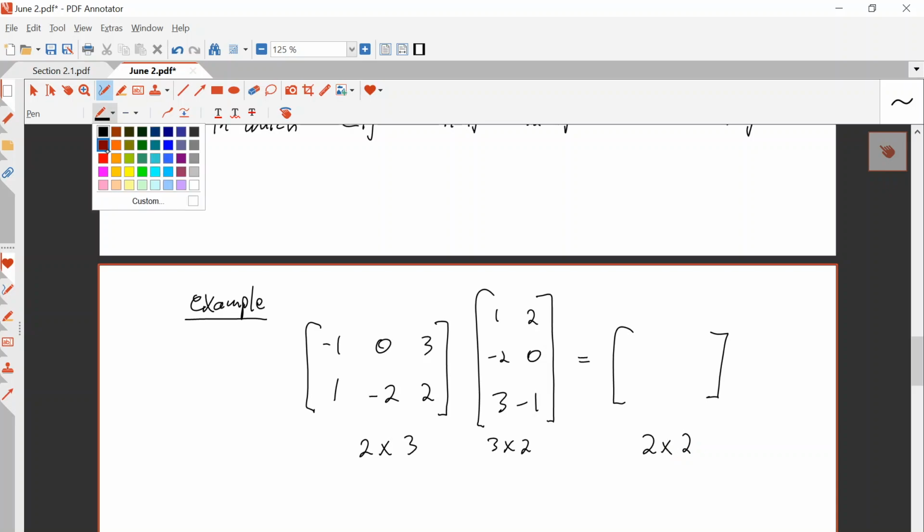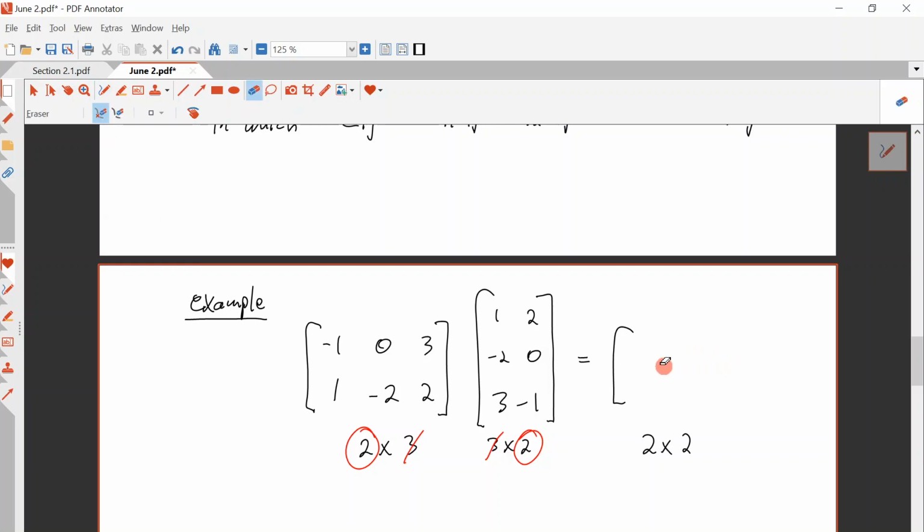Right? The 3's go away, and what's left over is 2 by 2. Alright, so the entry in the first row, first column. So take the first row, first column, and multiply the corresponding entries.